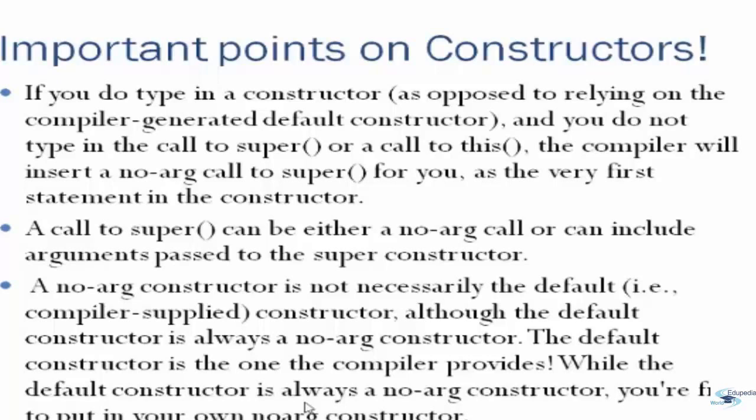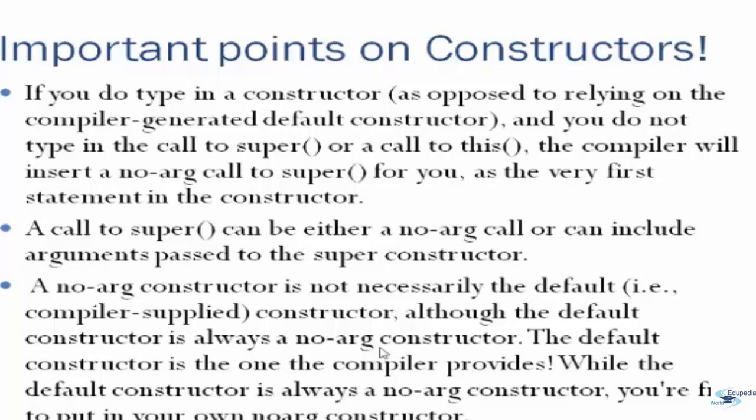Let's see what this says. It says a no argument constructor is not necessarily the default constructor, although a default constructor is always a no argument constructor. The default constructor is one that the compiler provides. So don't get confused between no argument constructor and default constructor. It's not the same thing.